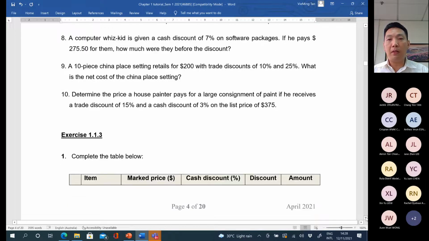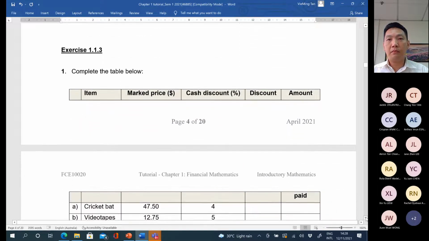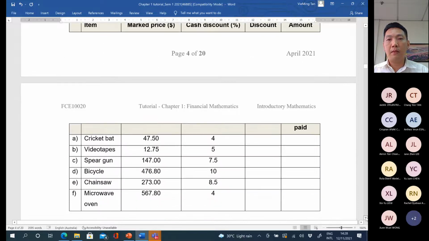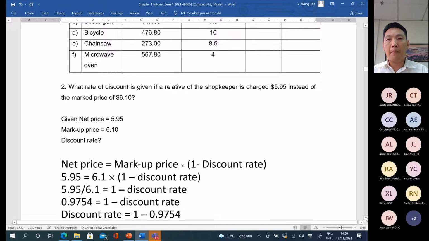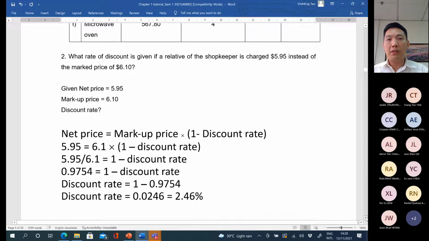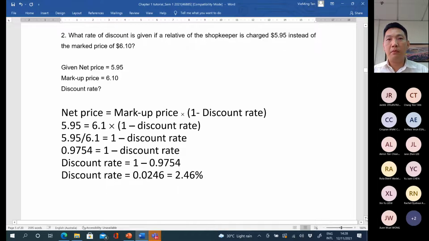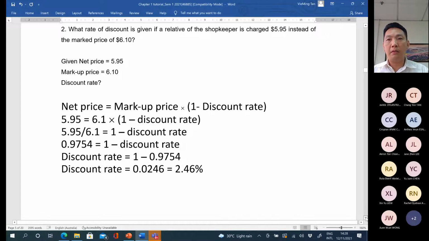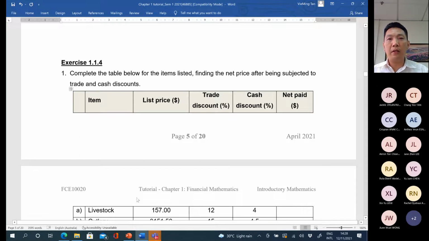Okay, then how about 5.13? How about question 2? Do you want me to go through? Question 2? It's okay? Then exercise 5.14.